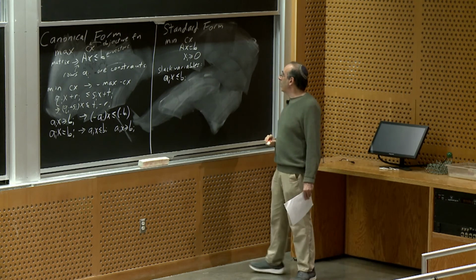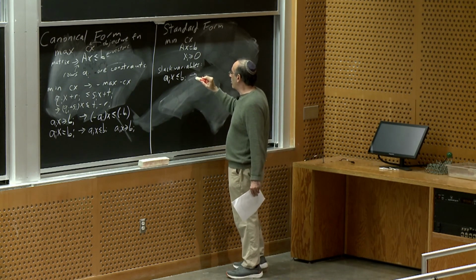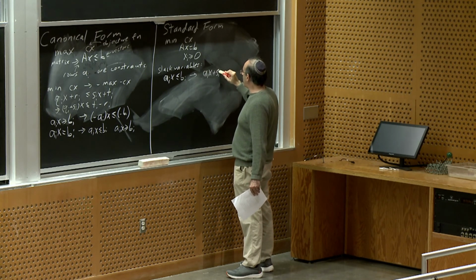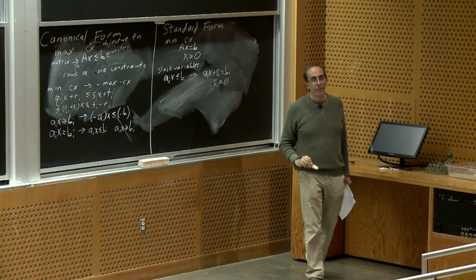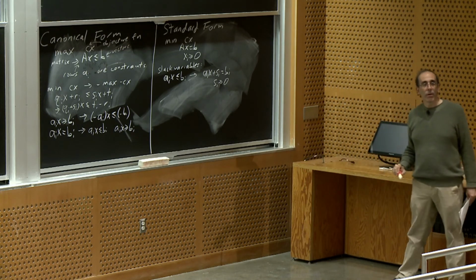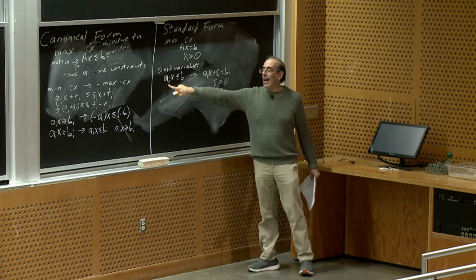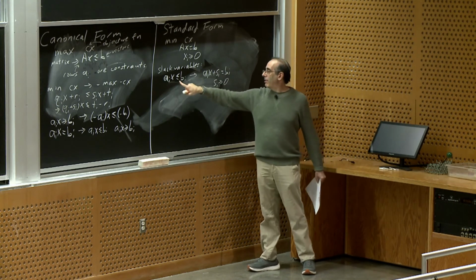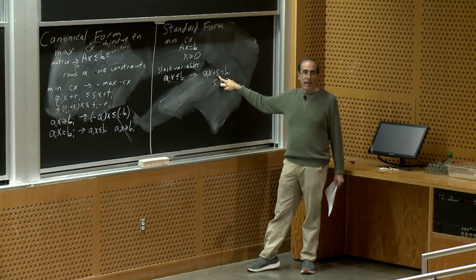So if we have a constraint of the form a_i x less than or equal to b_i, what we do is we introduce a new variable called a slack variable, and we write a_i x plus s_i should be equal to b_i, and s_i should be greater than or equal to 0. Okay. So s_i represents the amount of slack in the inequality, and we're saying that if this inequality is satisfied, it means that there is a non-negative slack.